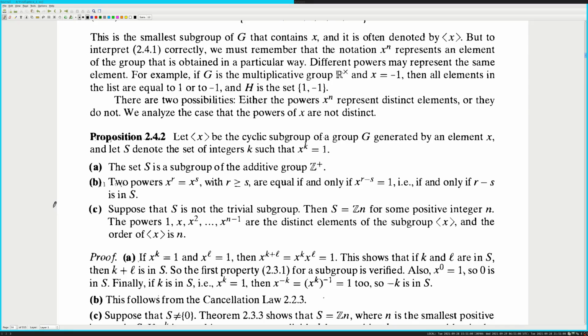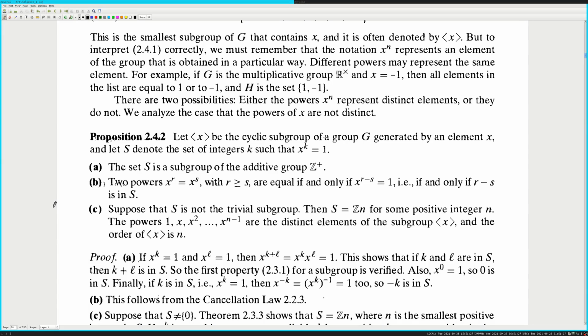Two powers x to the r and x to the s, with r bigger than or equal to s, are equal if and only if x to the r minus s is equal to 1, that is, if and only if r minus s is in S. Part C: suppose S is not the trivial subgroup.